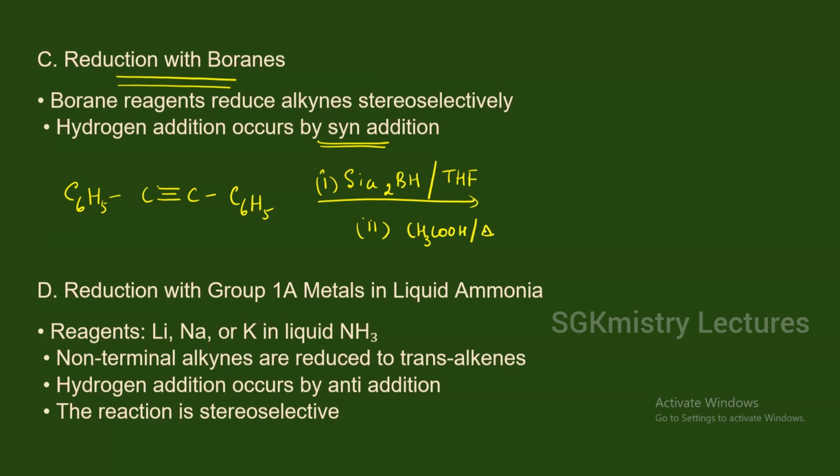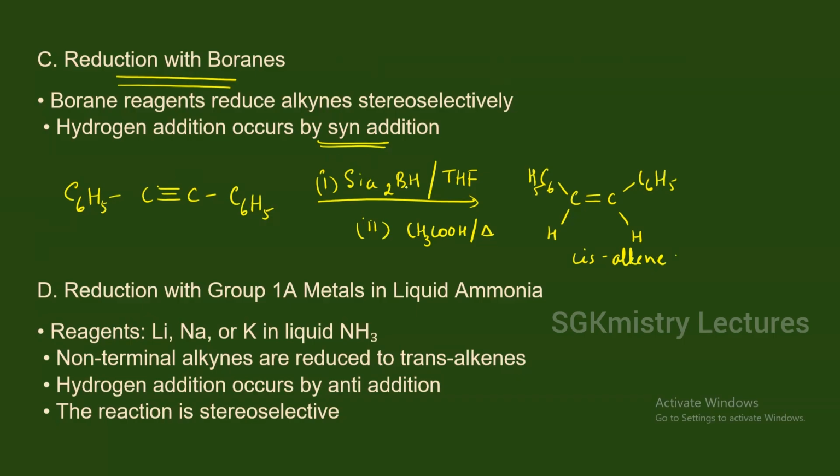So we are going to use boranes for this particular reduction process. Again, you are going to get the cis isomer, H and H. So you get the cis alkene, right?